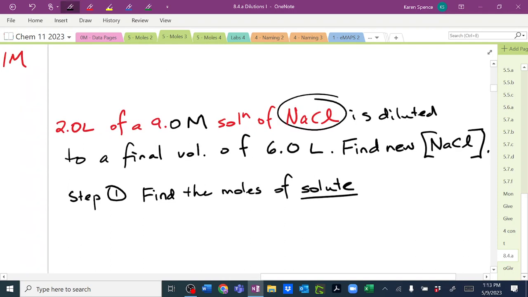NaCl is the solute. So we want to find the moles of NaCl. That's what we don't know. What information in this question would allow us to find the moles of NaCl? I want you to read through that and show your partner what information in this question will allow us to find moles of NaCl.